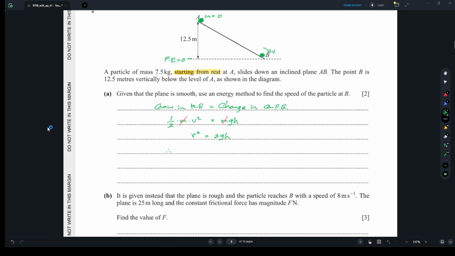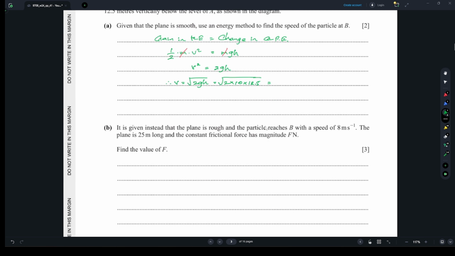Okay, and therefore we can write v equals square root 2gh, and so 2 times g is 10 and height is 12.5 meters. So by using the calculator you can find the answer here. It's 15.8 meters per second. Okay, so this is the velocity.